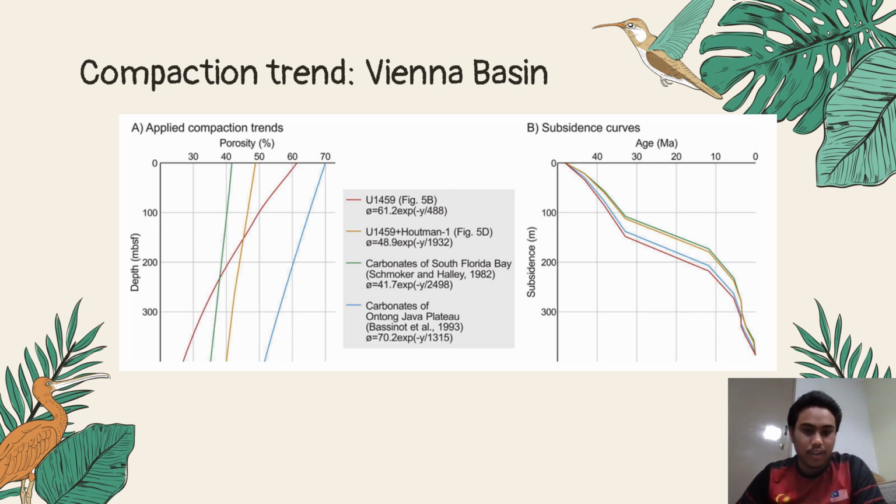U1459 is from the Perth Basin, and the carbonate of South Florida Bay is from another basin. And also the subsidence curve decreases as time decreases.